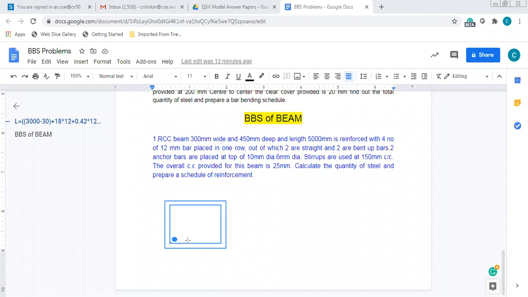Here is the second bar. Here is your third bar, and here is your fourth bar.